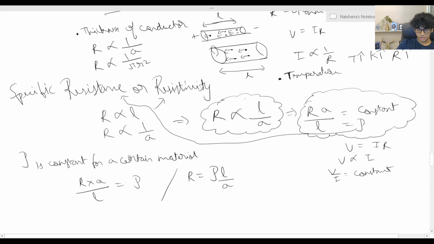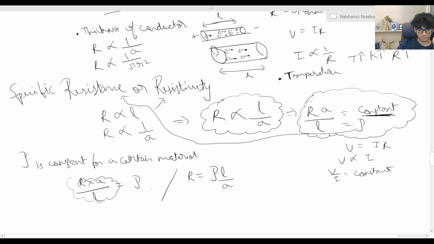And now what I do is, if I take a copper conductor for example, I will keep testing this. I will change the length, I will change the area of cross section, compare it with the resistance, and try to find out what is the value of this constant. After I found out the value of this constant, by dividing whatever resistance I got into A by L, ठीक है, I used this multiple times to find the constant, and I got a value rho.